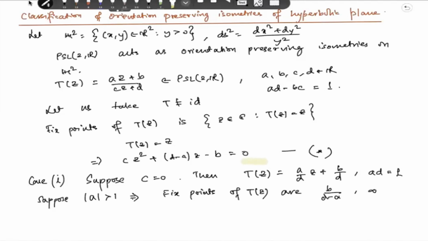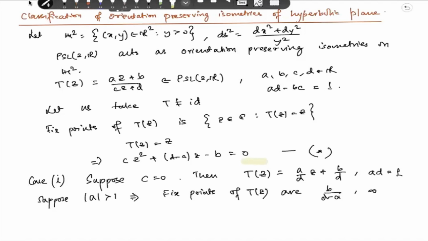And because mod of a is greater than 1, you also have infinity as a fixed point. If suppose a is equal to 1, then d will also be equal to 1, so d minus a is equal to 0.